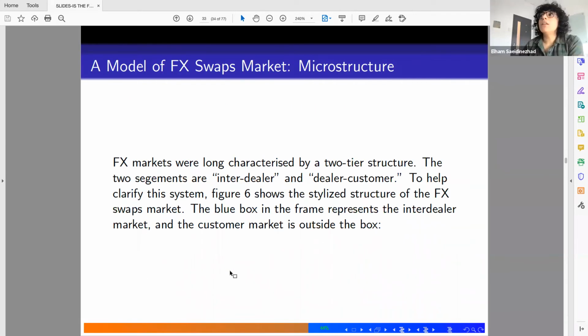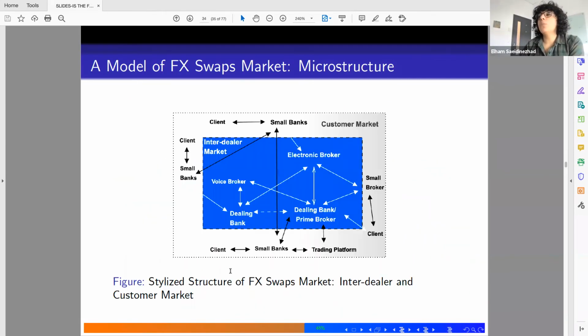Let's talk about the model of the FX swap market. I want to start by looking at the microstructure. If you look at the microstructure of the FX swap market, we see that this is a two-tier market. The largest segment, at least traditionally, was the inter-dealer market. The main players in the inter-dealer market were the dealing banks, and these are usually non-US banks.